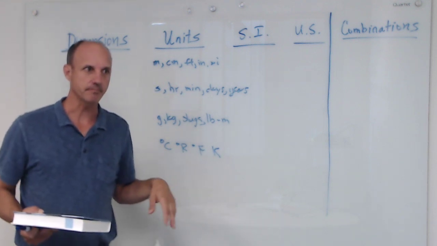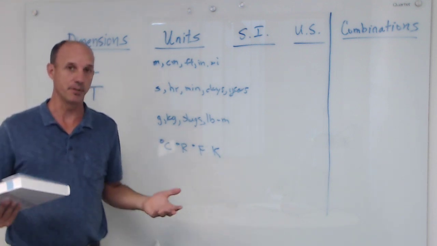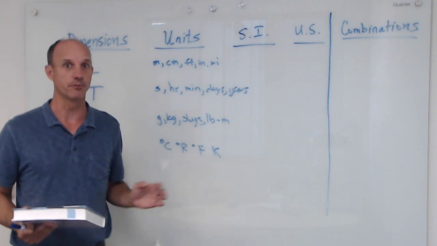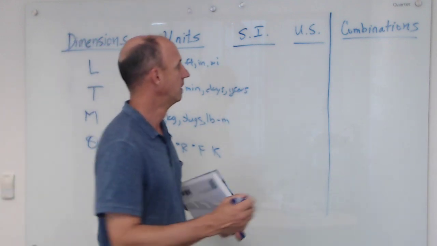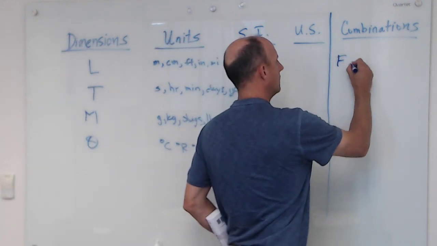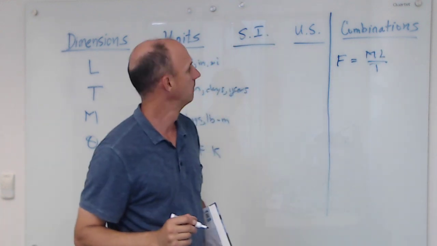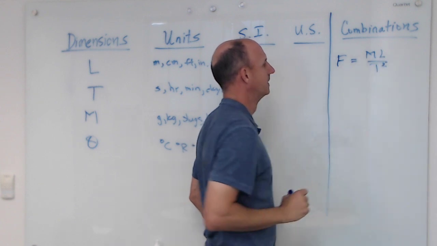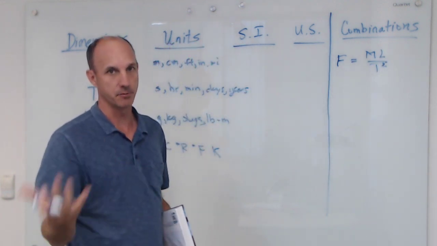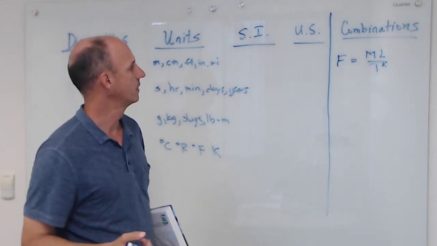Now, there are other important properties that are combinations of these four dimensions. For example, force is equal to mass times length per time squared. So mass times acceleration gives you force.